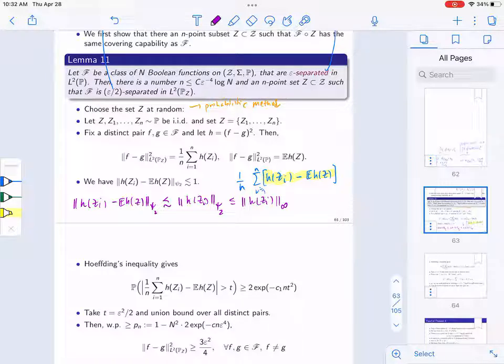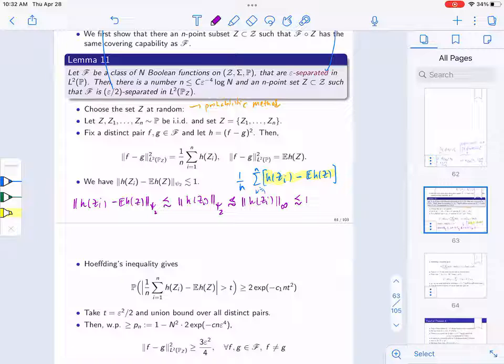This is because f and g are Boolean, so this is a bounded random variable, bounded by 1, all up to constants. So it's roughly saying that this is a bounded random variable. And a bounded random variable is sub-Gaussian, and the sub-Gaussian norm is bounded by a constant.